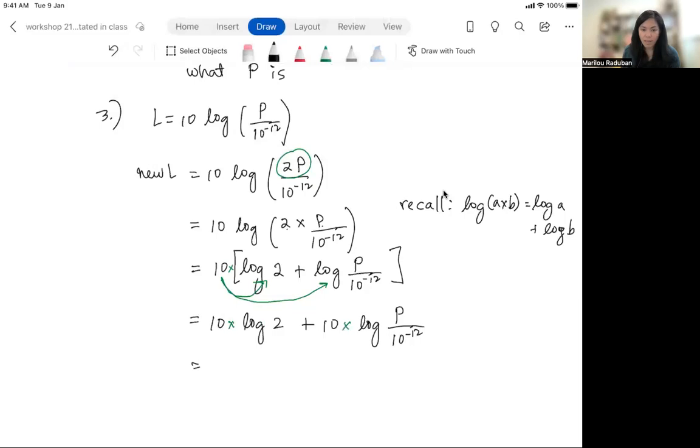Right. And notice how if you do 10 times log 2, that will be equal to 3.01.